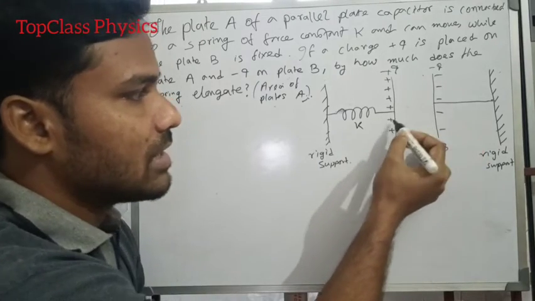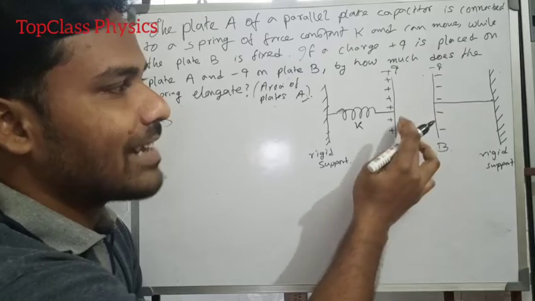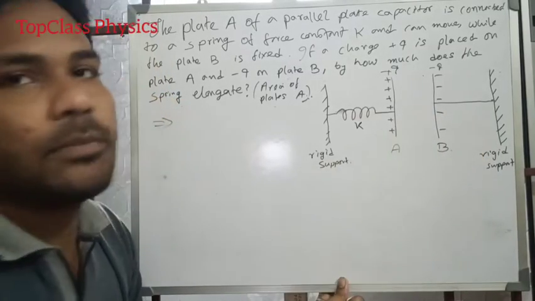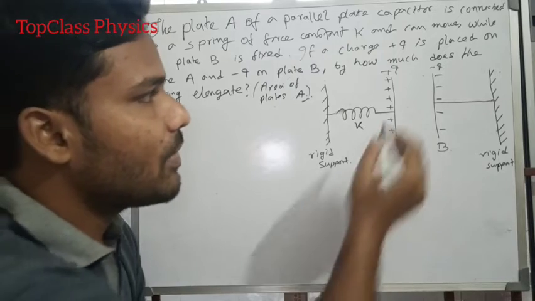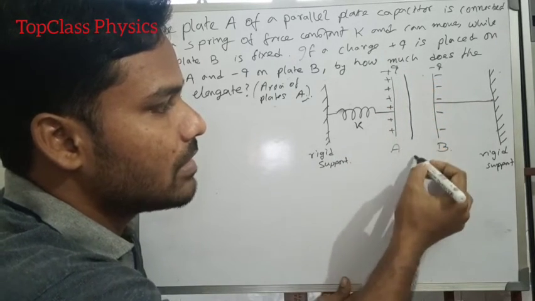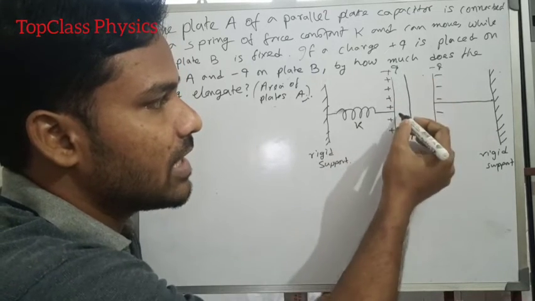This plate is fixed, this is not fixed, so the negative charge will attract the positive charge. That means plate B will attract plate A, and it will shift in this direction.